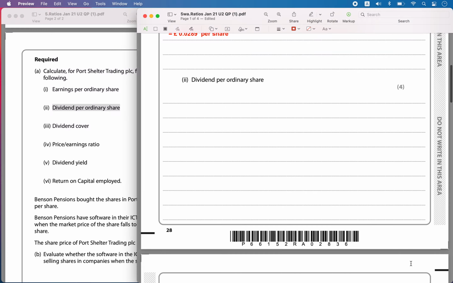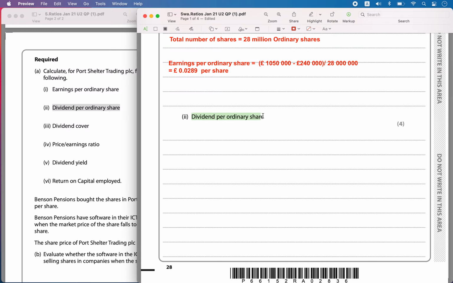Then the next part of the question is dividend per ordinary share. What is the dividend paid per ordinary share? For that, what is the formula? That is nothing but the total dividend paid divided by the number of ordinary shares.